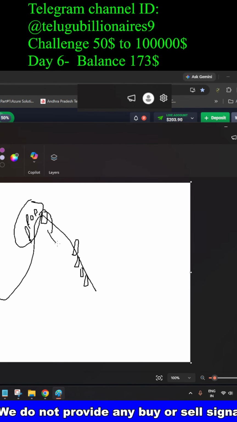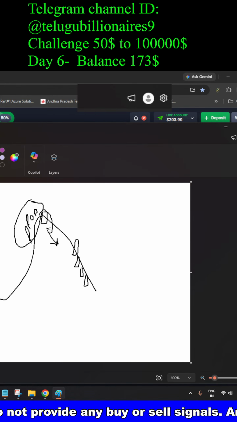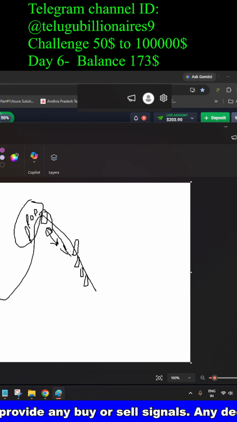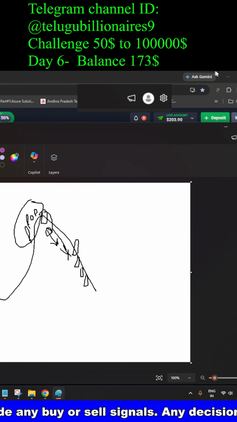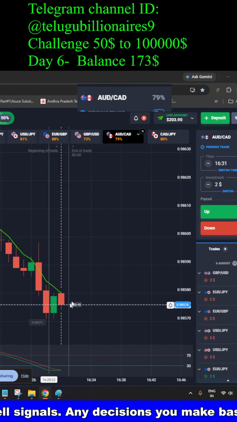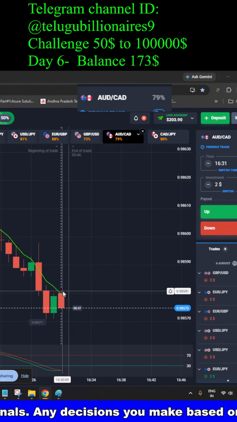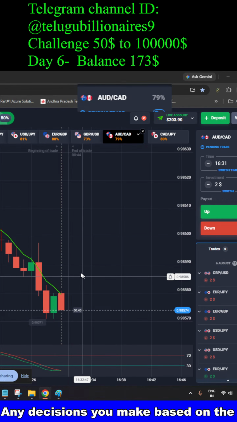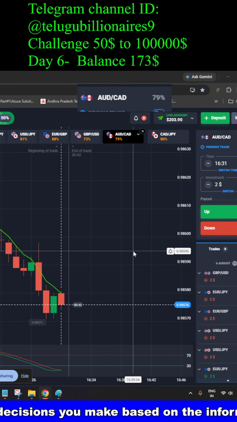Now the direction changes to the downside. Here we need to plan for a down trade. So in this case, this is not valid. Now if one green candle closes above and the market sustains above that, then we are good.